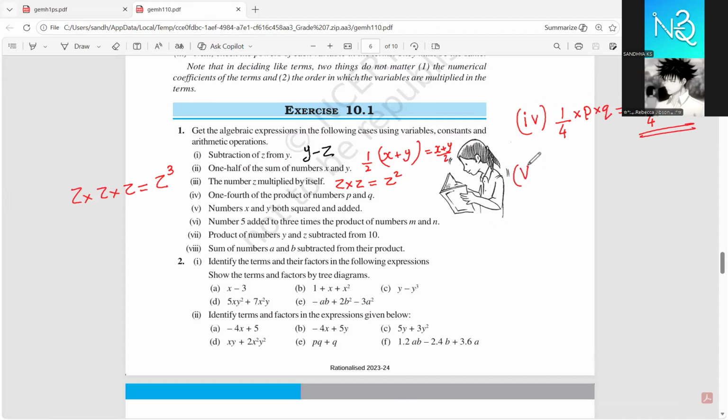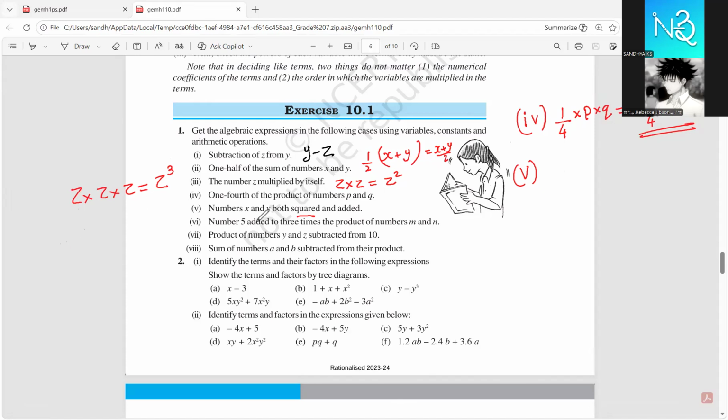Next, fifth one. Numbers x and y both squared and added. I think we have to multiply 4 times. No, both squared. Square means this, I told you, this is called a squared. This is a very new term for you.